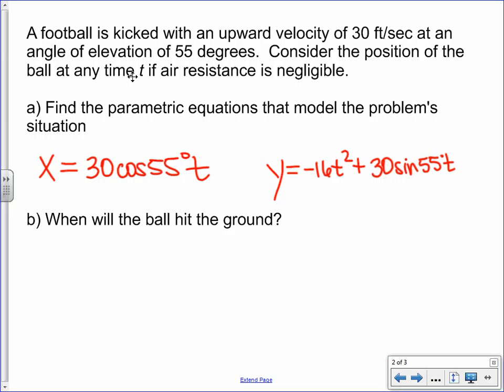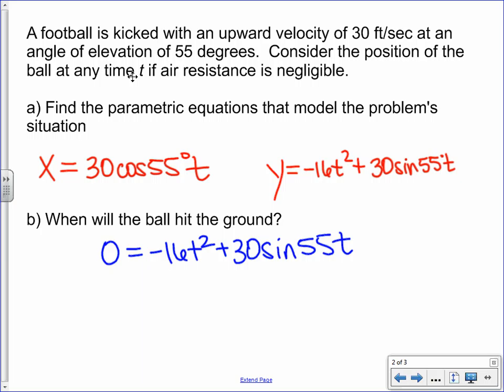Okay, if we're talking about any sort of height, we want to consider the y equation. And so if we're going to hit the ground, we want y to be 0. How do we solve this equation?